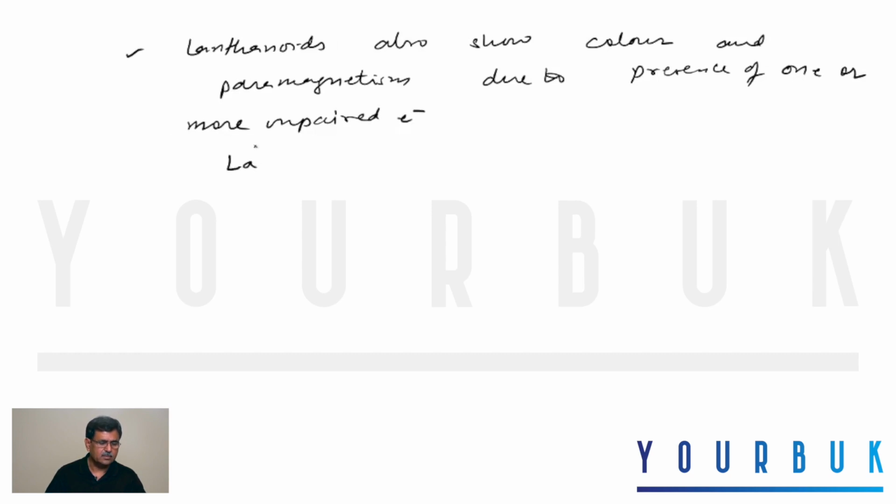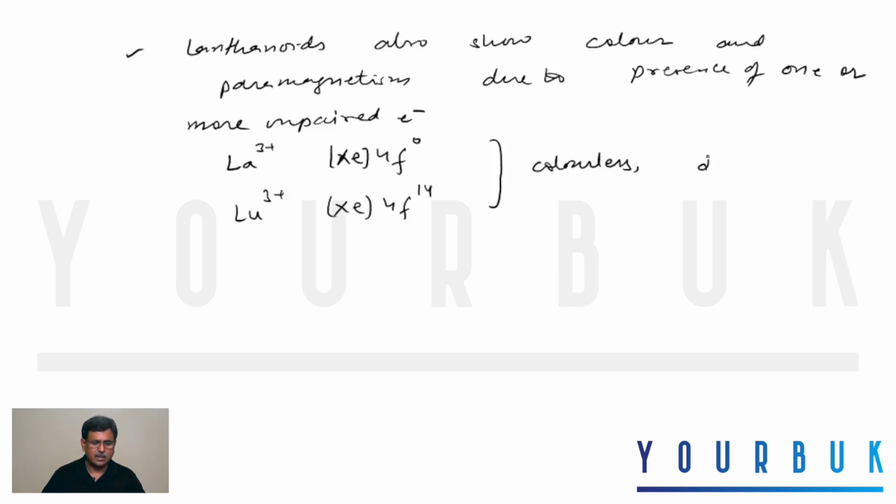Lanthanum 3+, which has a configuration of xenon 4f0, and lutetium 3+, which has a configuration of xenon 4f14, are both colorless and diamagnetic due to the absence of any unpaired electron.